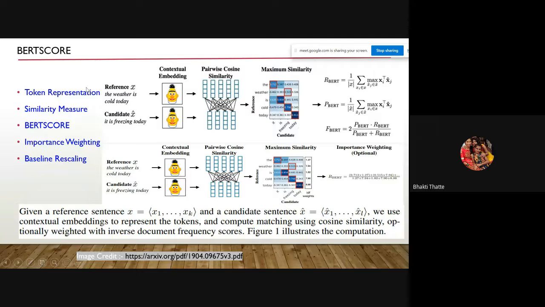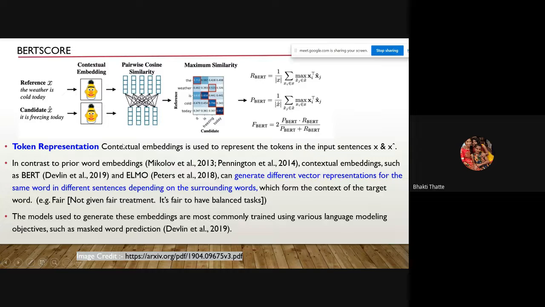In the discussion of this, we will be touching on the token representation, then similarity measure, BERTScore, importance weighing, and baseline rescaling. So coming to the token representation, here the contextual embedding is used to represent the tokens in the input sentences X and X cap.